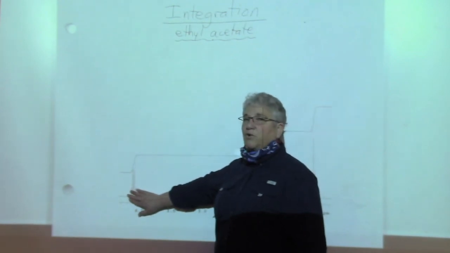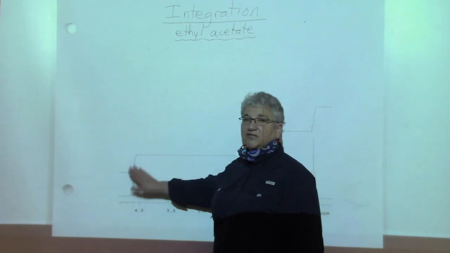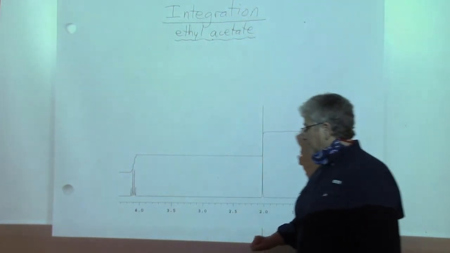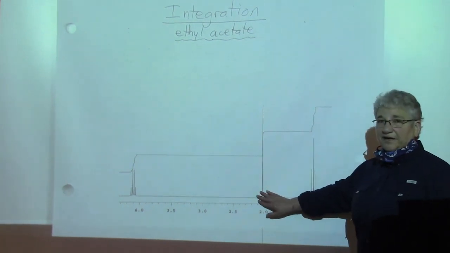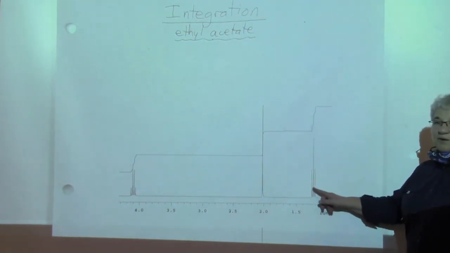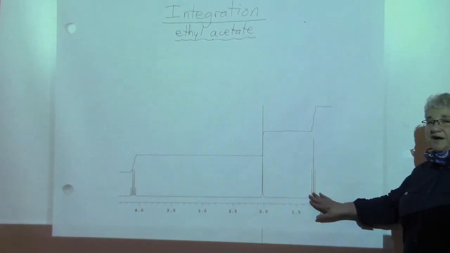I know it's not one peak, but it is one grouping of peaks, and so it's one type of hydrogen. And this is one peak, but it's also one type of hydrogen that's different from that. And again, this is not one single peak, but it is one clump of peaks. It is one type of hydrogen.